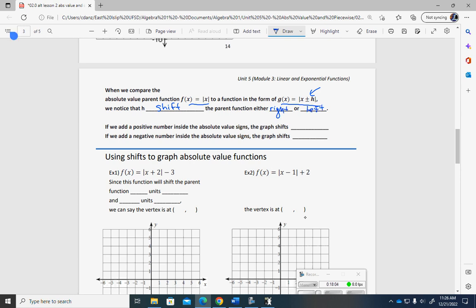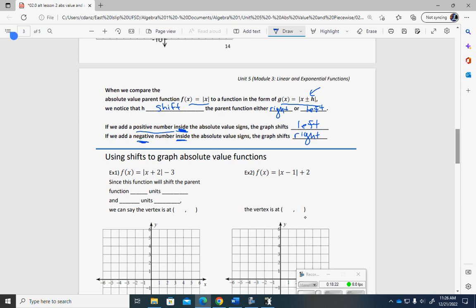And we have to be careful that when we add a positive number inside the absolute value signs, it actually shifts left. And when we add a negative number inside the absolute value signs, it actually shifts right.